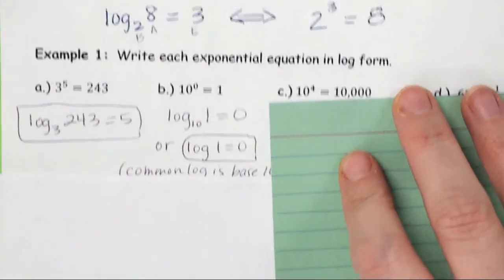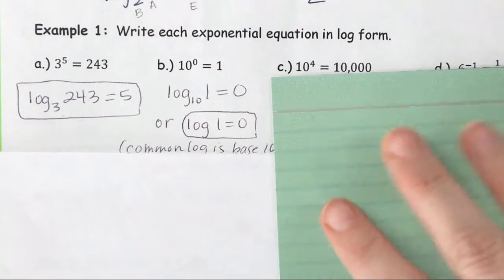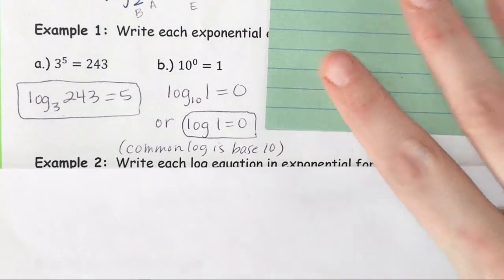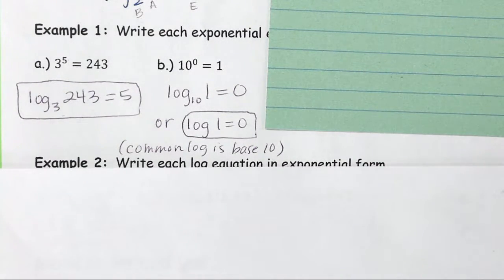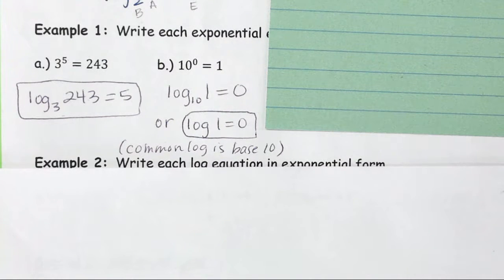log base 10 is actually special. So log base 10 is called the common log, which you guys don't know yet, so this is something new. So if you have log base 10 of 1 equals 0, you can actually just write the log of 1 equals 0. And anytime you have a log and you can't see the base, it's going to be 10.